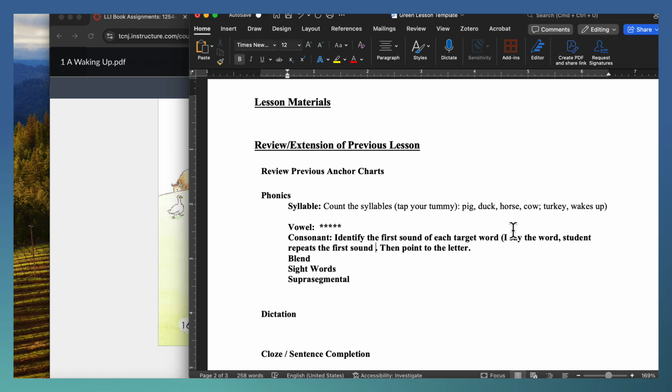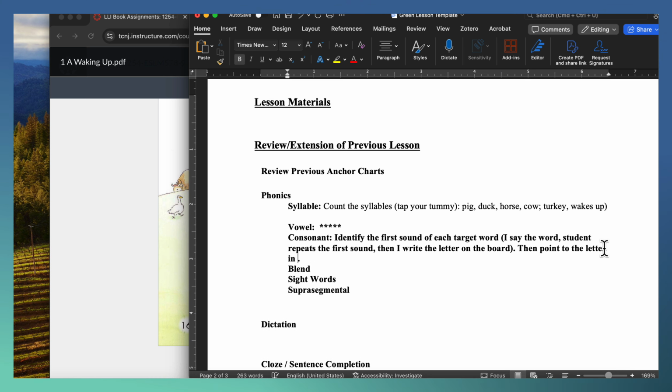And I will follow that up after they have said the sound, and after hearing it, then I will write the letter on the board. And then I will go to the text. Okay? Write the letter on the board, in the text or on the board.